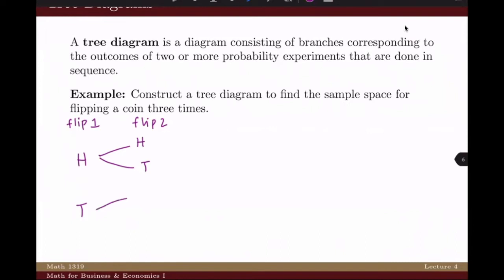Similarly, with tails. Next is going to be flip 3. So we could have gotten heads or tails, and again, heads or tails.